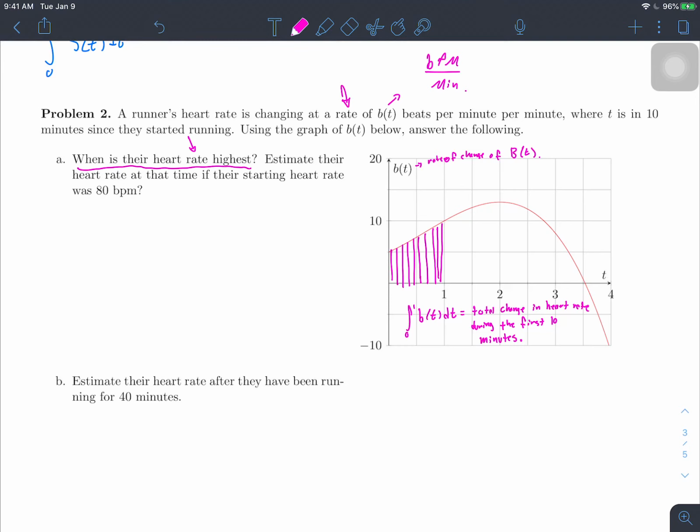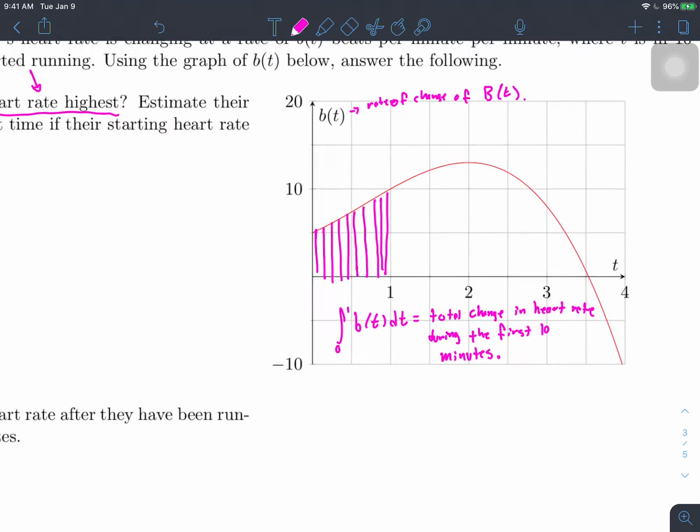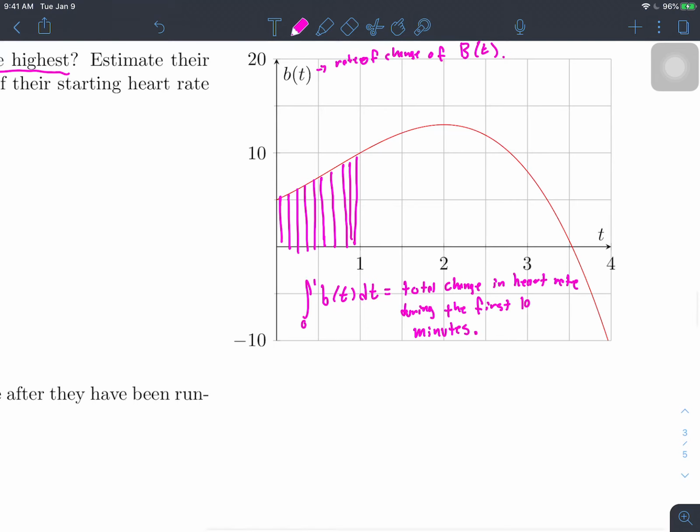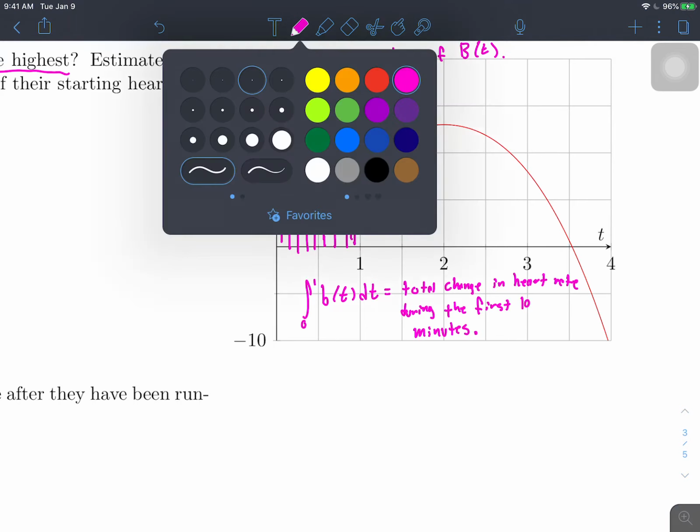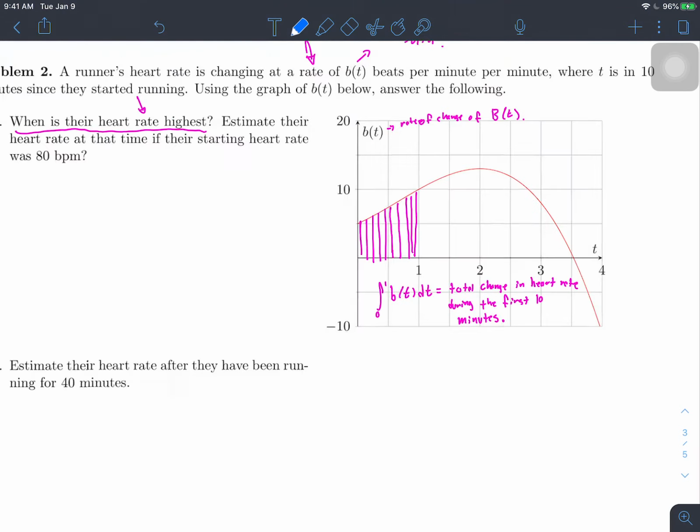So we are asked to answer the question, when is their heart rate the highest? The way we should think about this graph is, this is a runner.